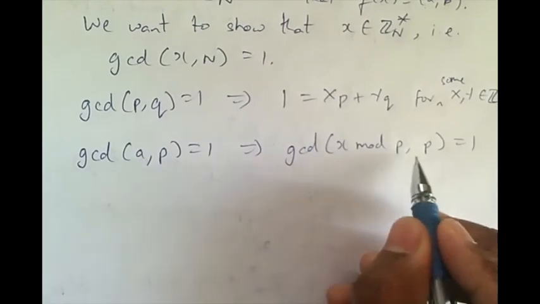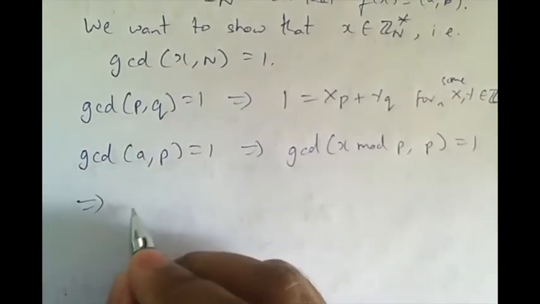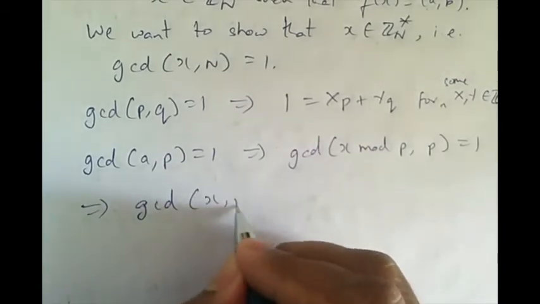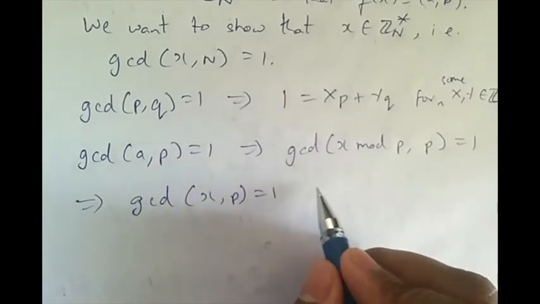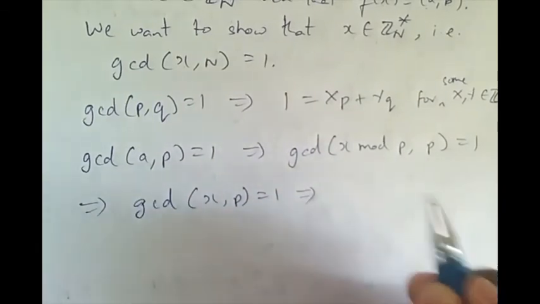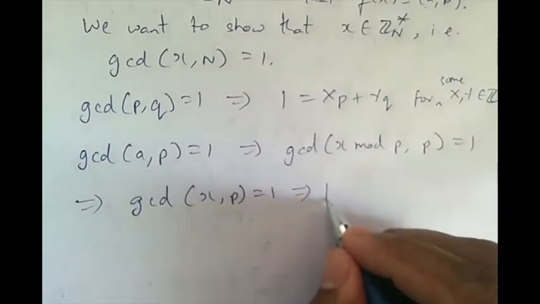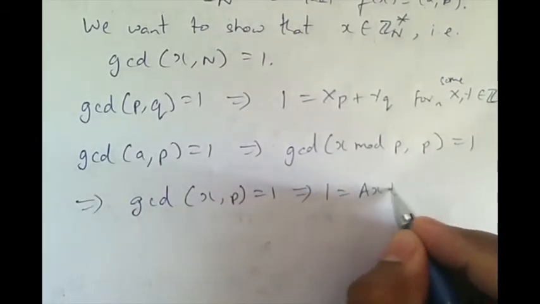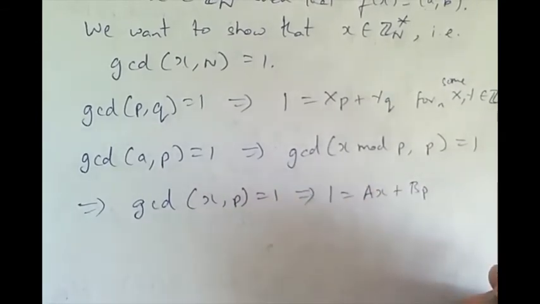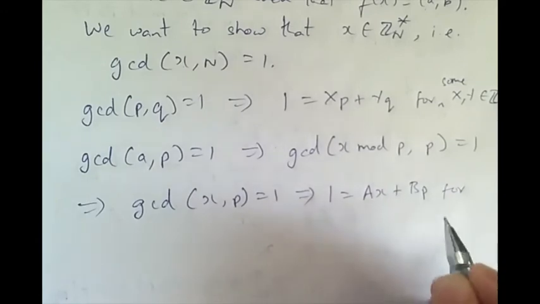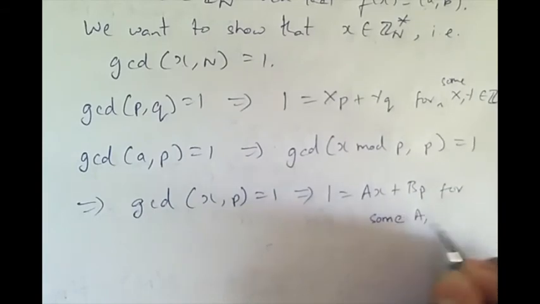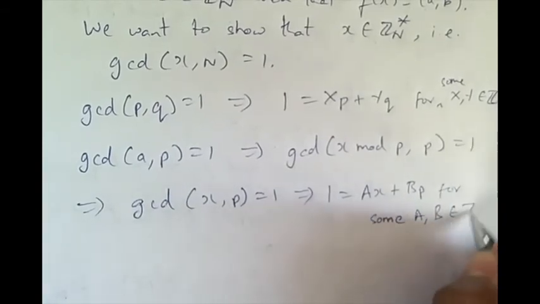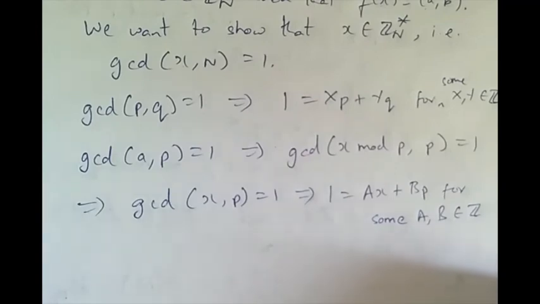Now, the GCD of X mod P and P, by the lemma we saw in lecture 13, is equal to the GCD of X and P. And so this implies there exist integers capital A, capital B such that 1 is equal to capital A times little x plus capital B times little p, for some capital A, capital B in Z, the integers.